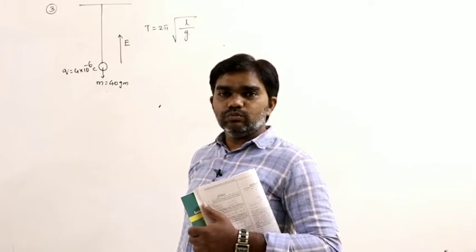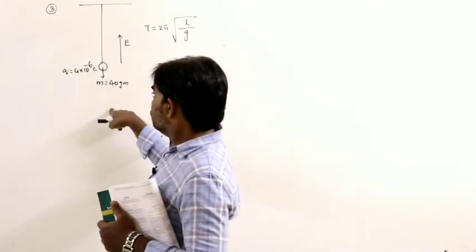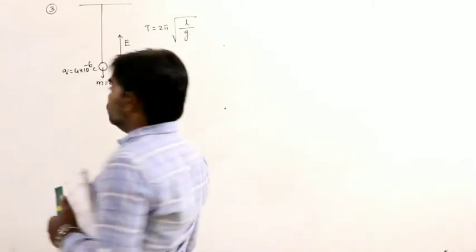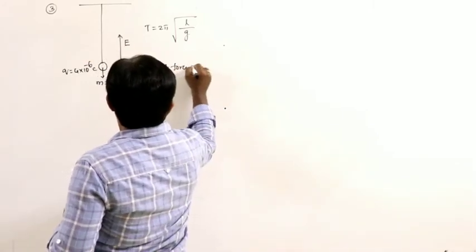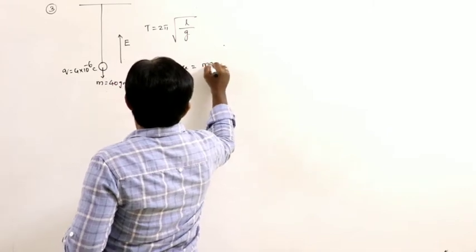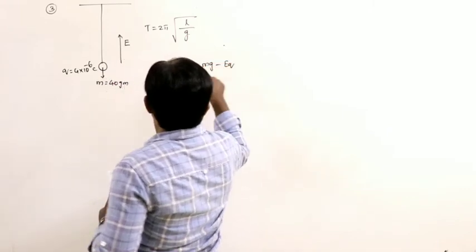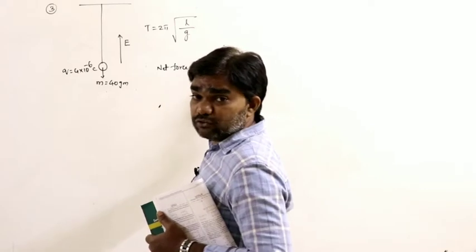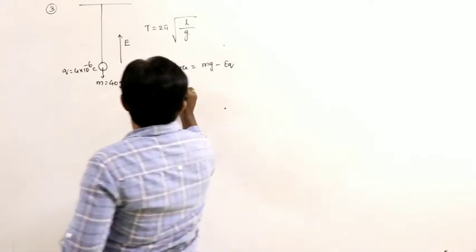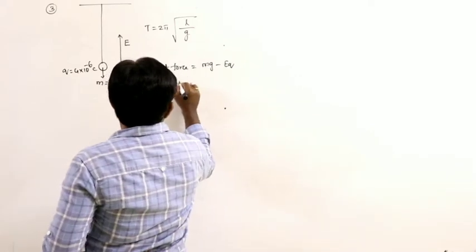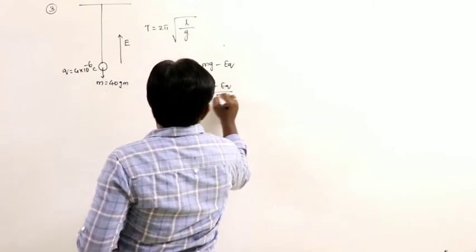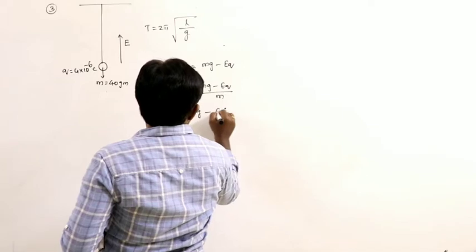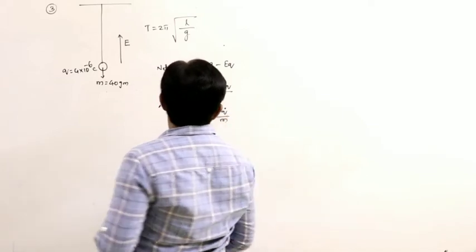Now mg is acting downwards, and the electric force is eQ upwards. What is the net force here? Net force is equal to mg minus EQ. Mg is the weight, the electrostatic force is EQ. So the acceleration g dash can be written as mg minus EQ by m, that is g minus EQ by m.